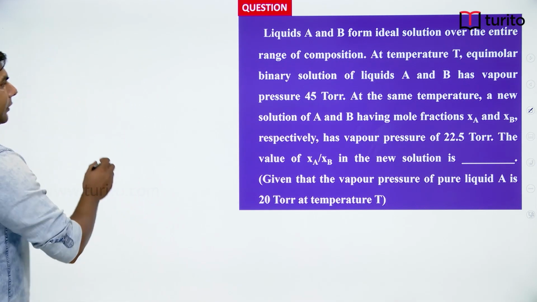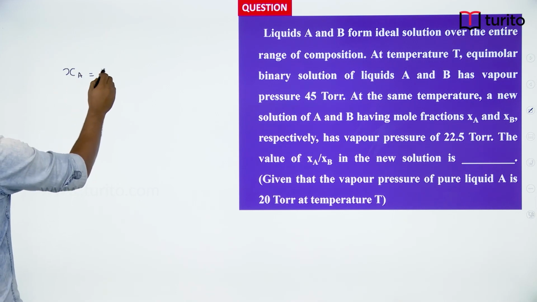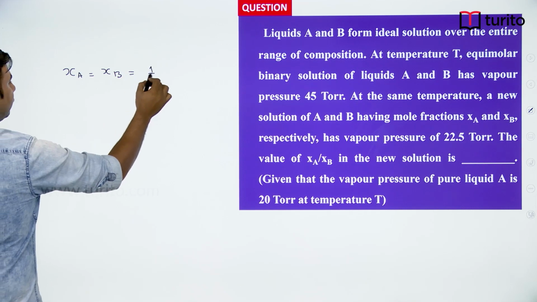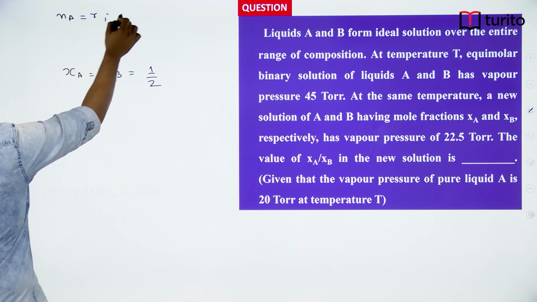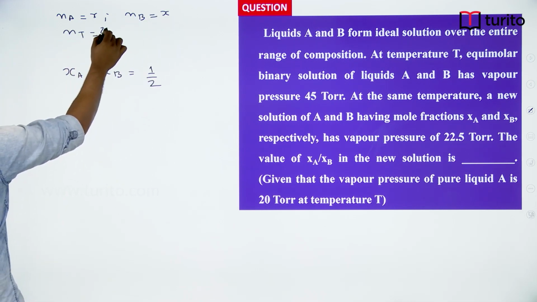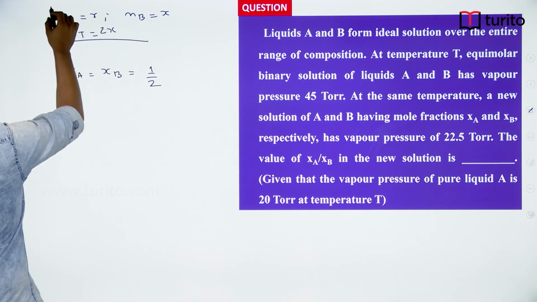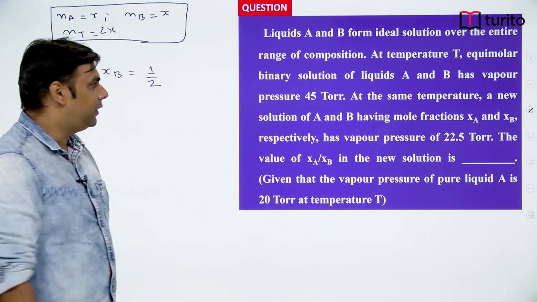So we have been told that it is equimolar, that means moles of A and moles of B are same, so their mole fraction would be half. Let us assume that moles of A is x, so moles of B would also be x because they are equimolar. So total moles is 2x, so the mole fraction would be moles of A upon total moles, which is half. So mole fraction of B would be half.